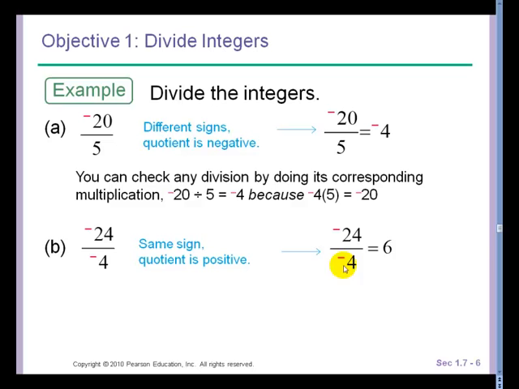Negative 24 divided by negative 4 is a positive 6. Again, you can check with multiplication. Negative 24 divided by negative 4 equals 6 because 6 times negative 4 equals negative 24. Again, notice the different ways you can write this. You can write it with the fraction bar, or you can write it with this regular division symbol. They both mean division.